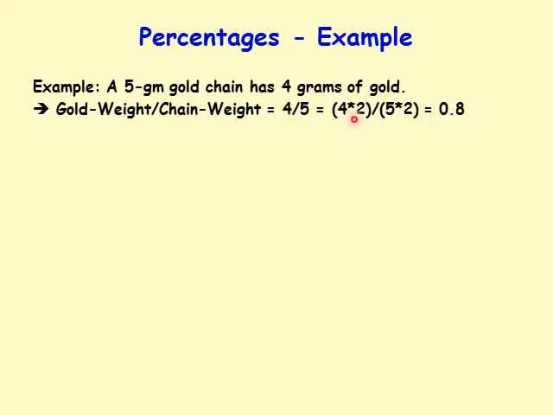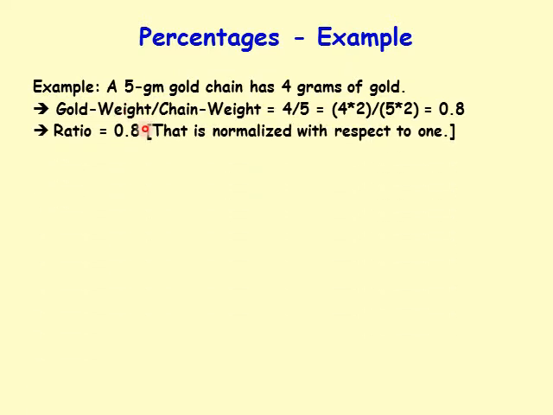I multiplied by 2 on top and bottom, and this lets me divide by 10, which is easier. 4 times 2 is 8, divided by 10, move the decimal one place to the left. So 4 divided by 5 is 0.8, and you can use this trick of multiplying and dividing by 2 to get a denominator of 10, which is easier to divide by.